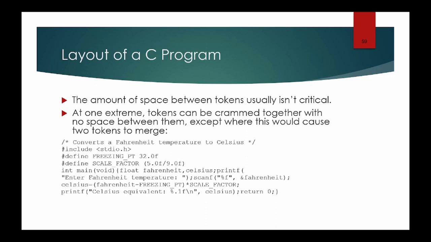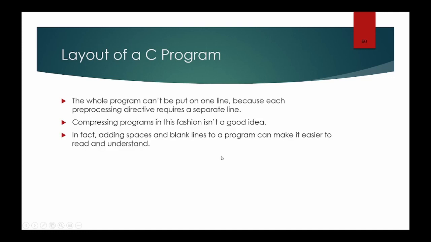So I might sometimes put blank lines after the hashtag include, and then another one after the hashtag define. And then definitely here you can see in this main, it's all in one little section. It's fine, it'll run well, but this is going to be hard for your eye to follow and to debug and make sure you have everything in there. It's not required for the compiler, it's required for human sanity.